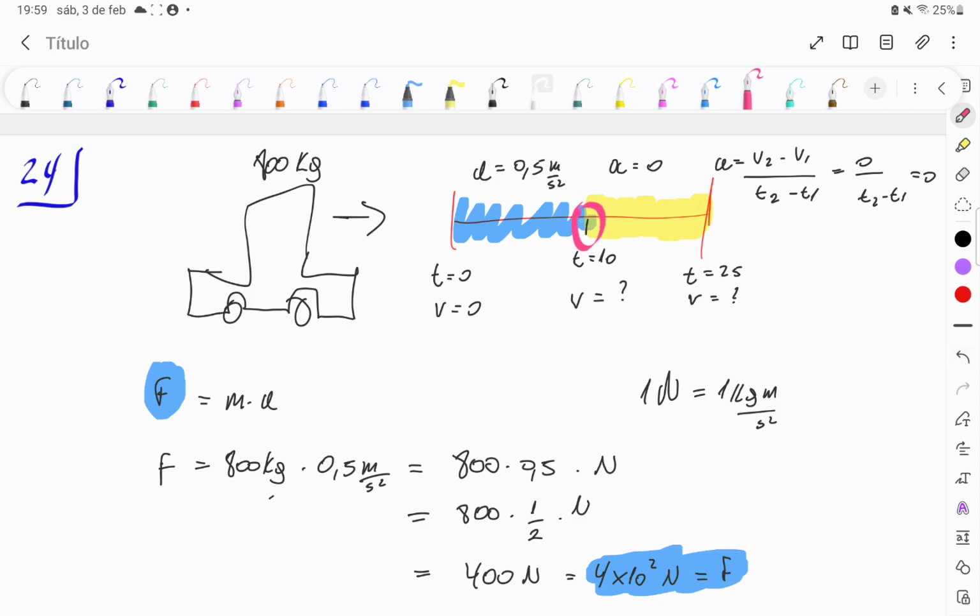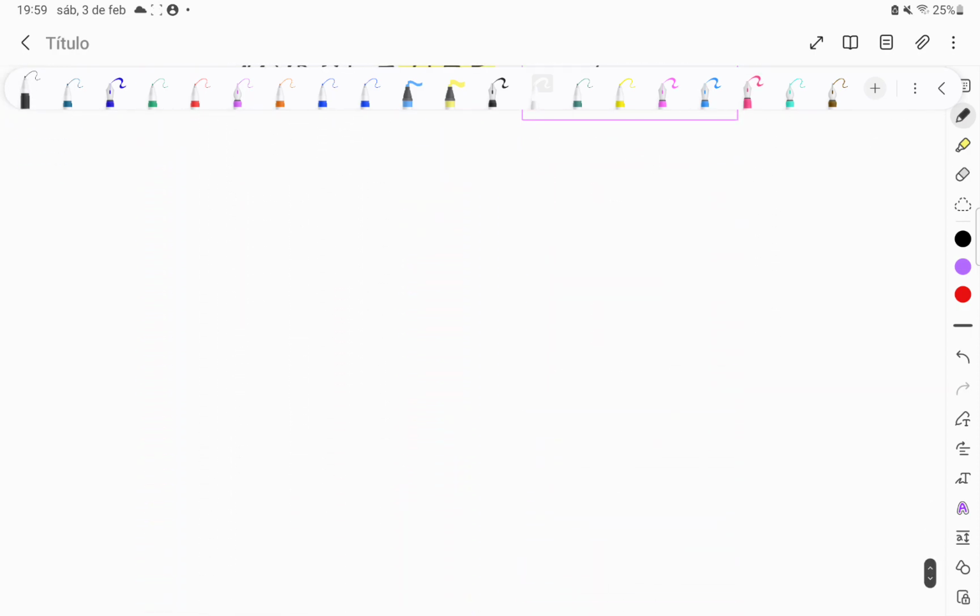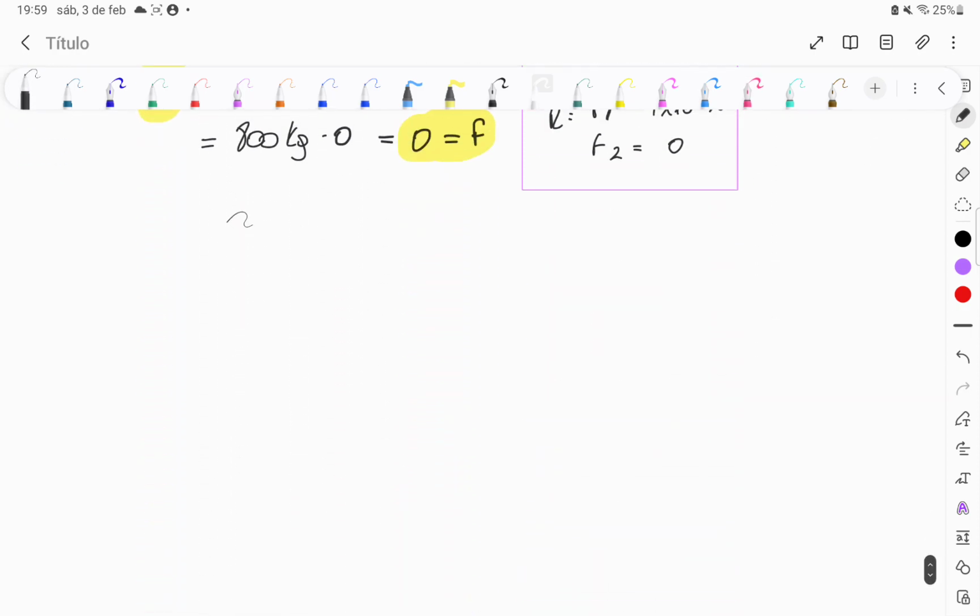And how do we calculate the velocity here? Well, here is the point where it stops accelerating. And how many seconds did this car spend accelerating? Well, all this blue part. Then it spent 10 seconds accelerating.